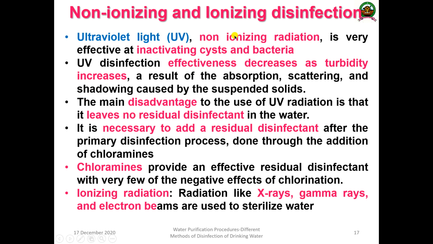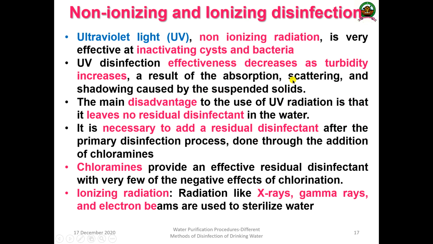As you all know, UV radiation penetrates the bacterial nucleic acid and causes photochemical oxidation by the formation of thymine dimers, so replication ceases and the microorganism dies. The effectiveness of UV disinfection decreases as turbidity increases, as a result of absorption, scattering and shadowing caused by suspended solids.